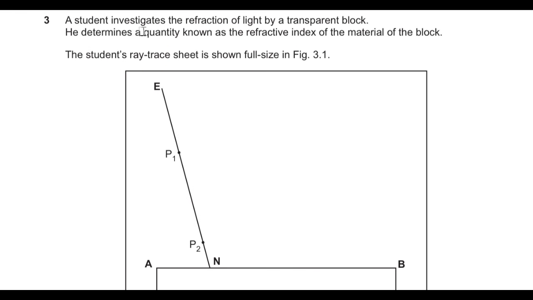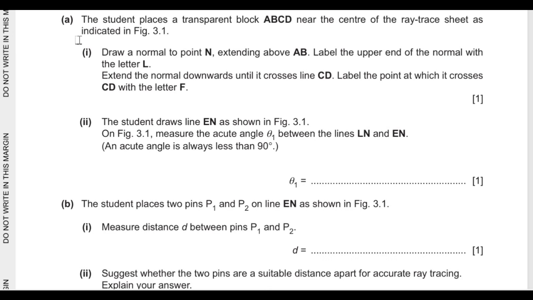Question number 3 says a student investigates the refraction of light by a transparent block. He determines a quantity known as the refractive index of the material of the block. The student's ray trace sheet is shown full size in figure 3.1. A part says the student places a transparent block ABCD near the center of the ray trace sheet as indicated in the figure.